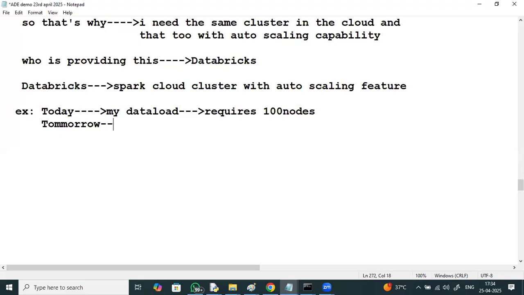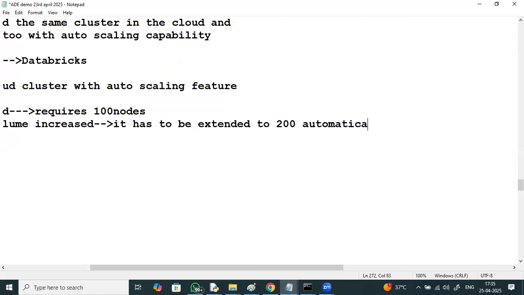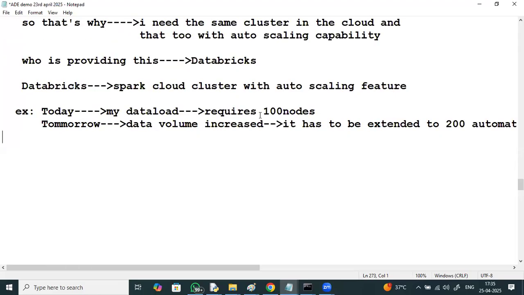Tomorrow data volume increased, so it has to be extended to 200 automatically.